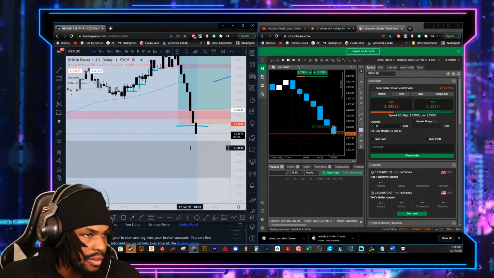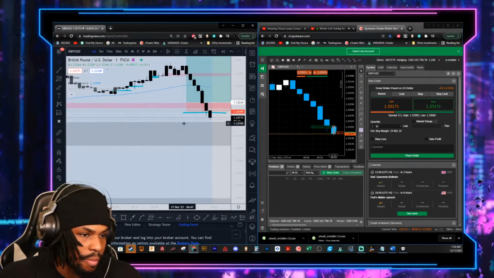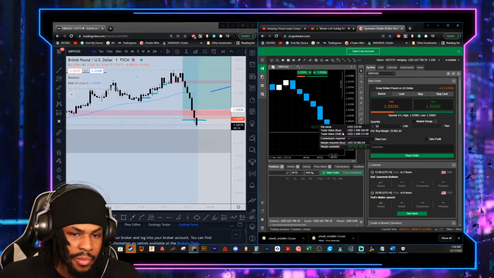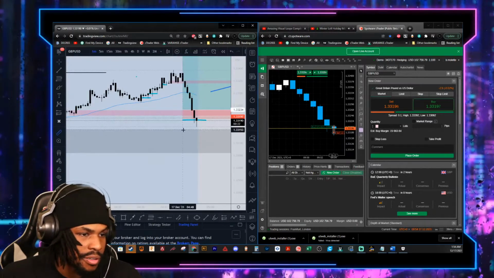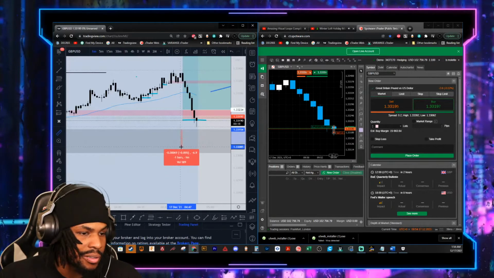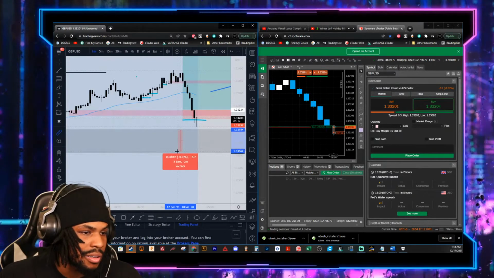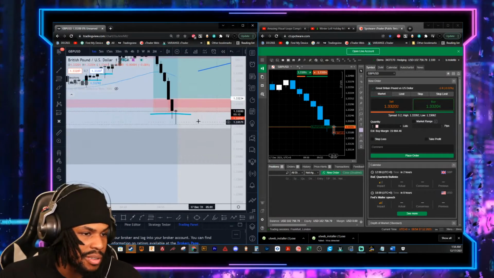That's fine, because the risk to reward is going to be crazy on this one. My stop loss will have to be a bit bigger on this one. Let's calculate the amount of pips this area is at. Looking at about 6.9, so the biggest my stop loss would probably be in this area is about 7 pips.